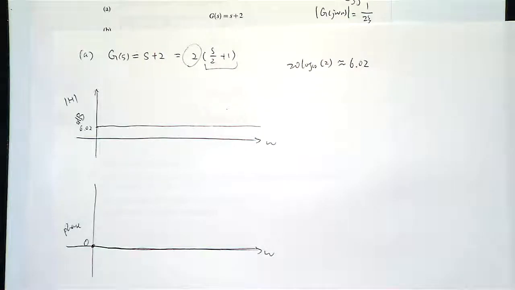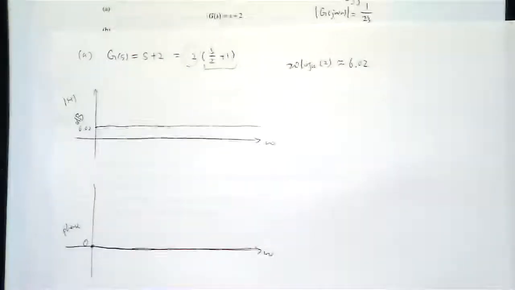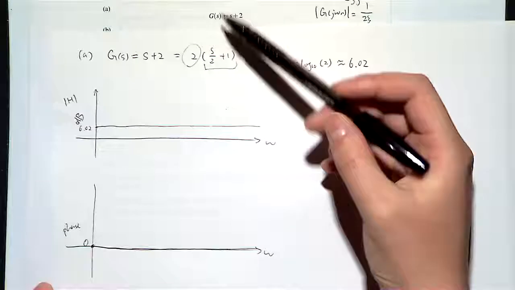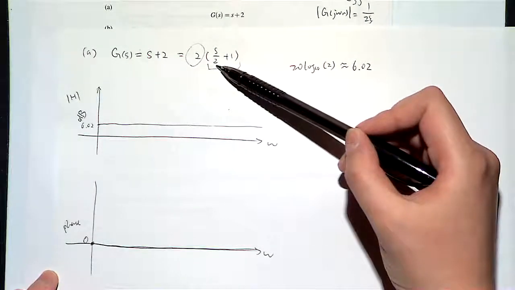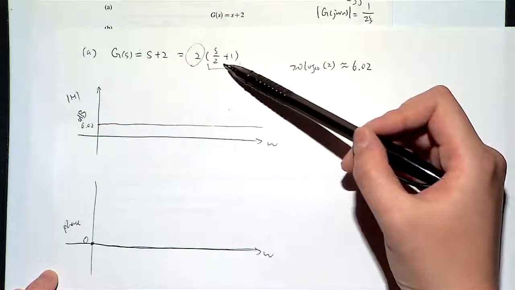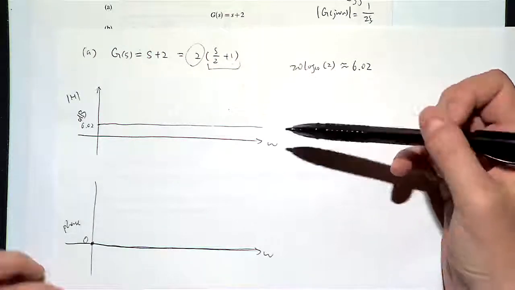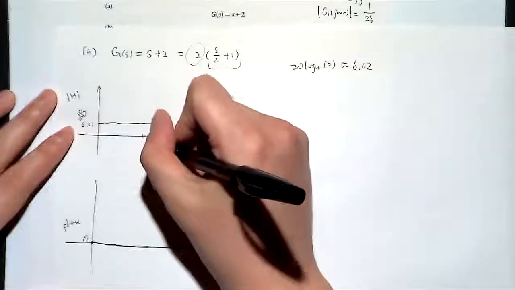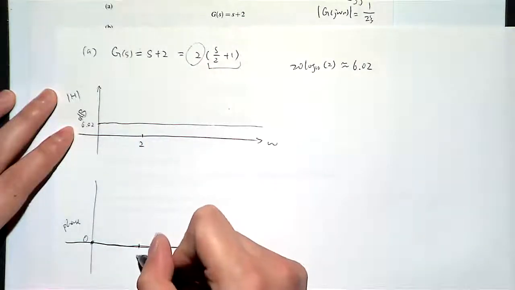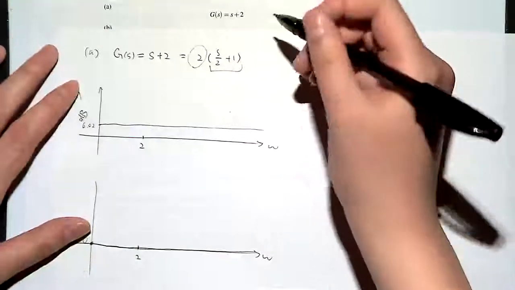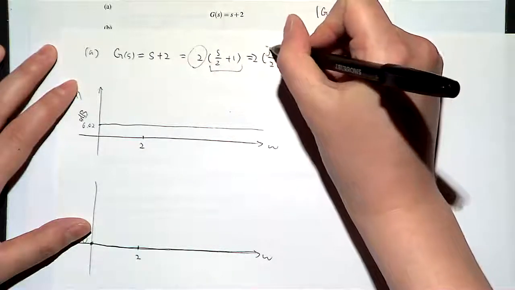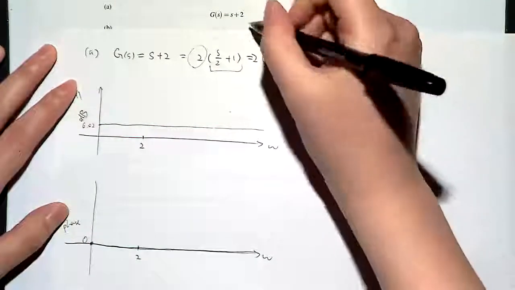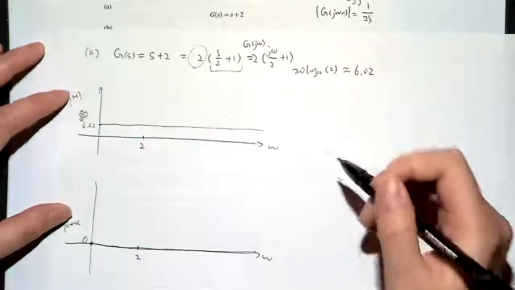And now we're gonna draw this part. First of all, we can see that the corner frequency is at 2, right? Okay, so we find 2. And we can write it in another form, right? Well, this is j omega.